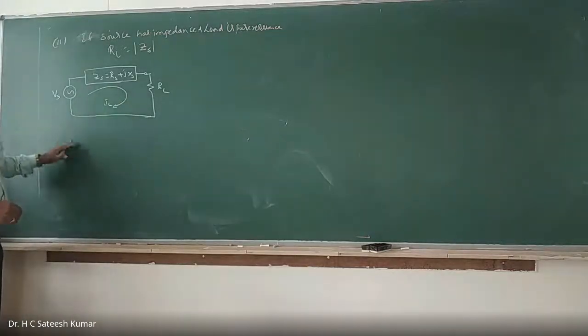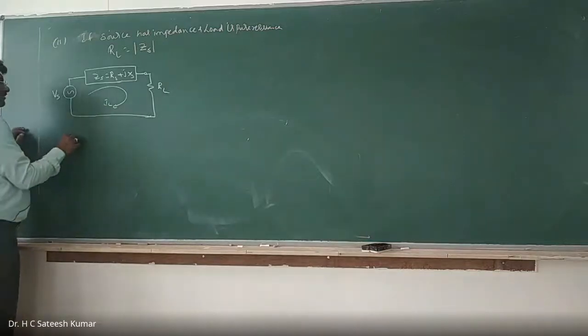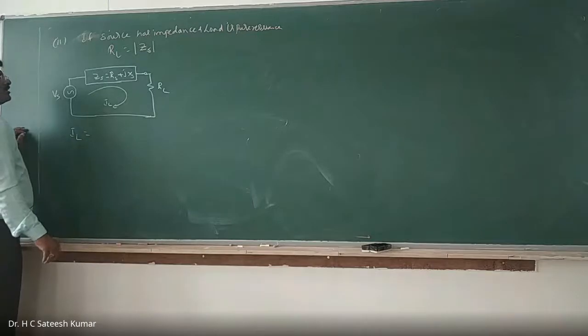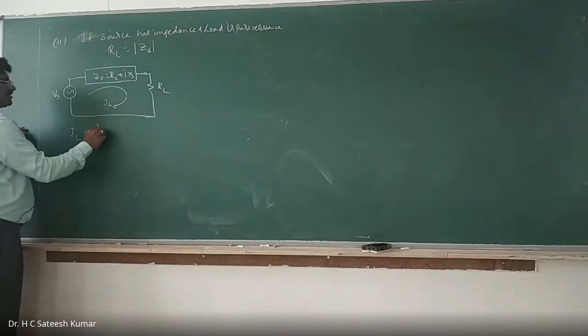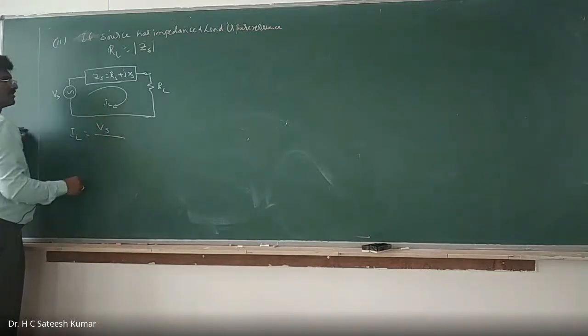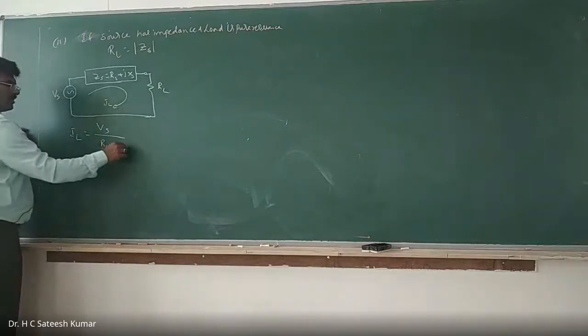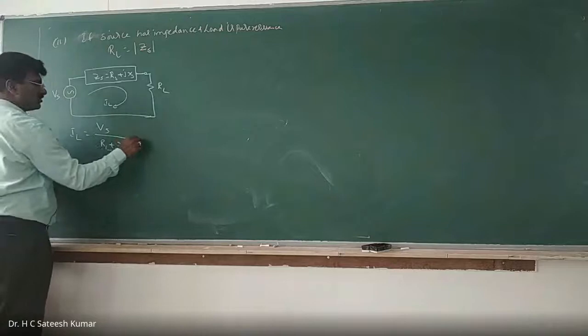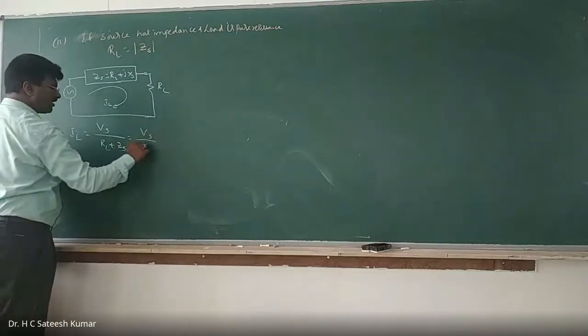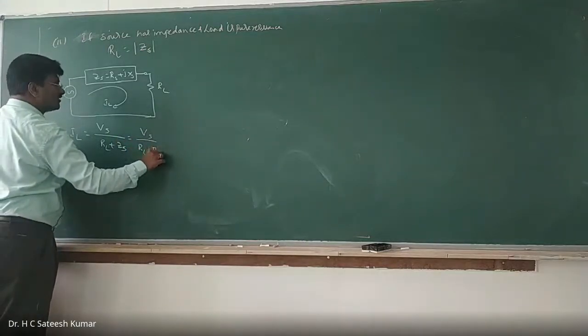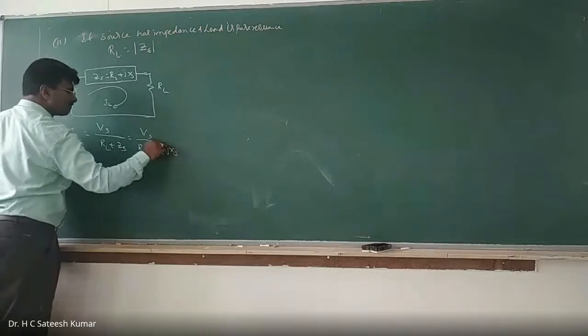According to this, IL is equal to Vs divided by total resistance, RL plus ZS, which is equal to Vs divided by (RL plus RS plus jXS).